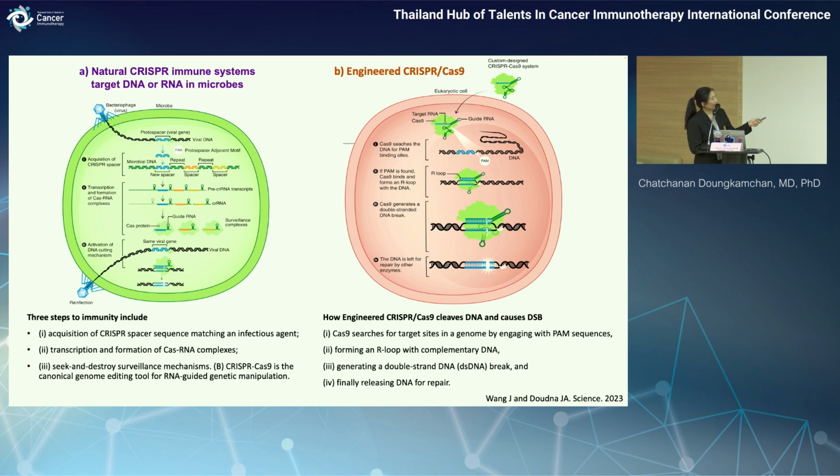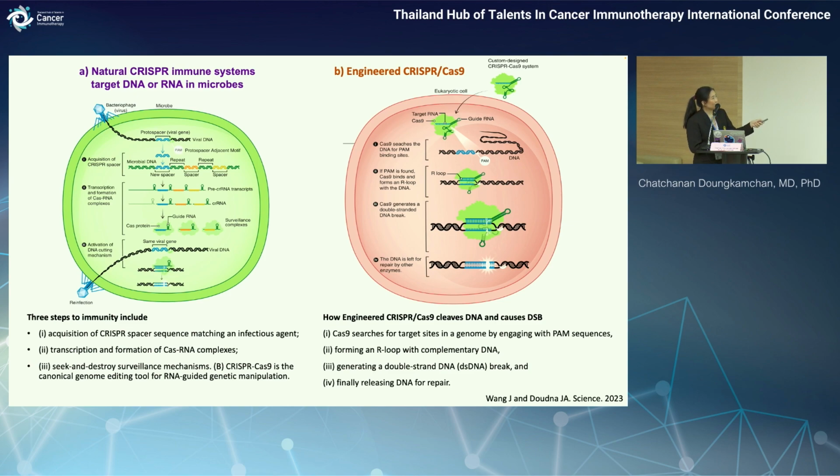All of these clusters are the CRISPR region in the genome of the bacteria. And when the bacteria gets infected by the same virus again, it's going to get recognized by the guide RNA, and this complex is going to cleave the genome of the virus.